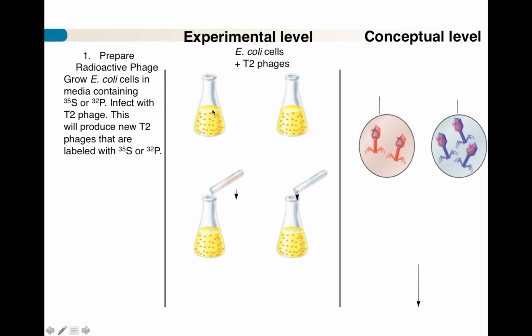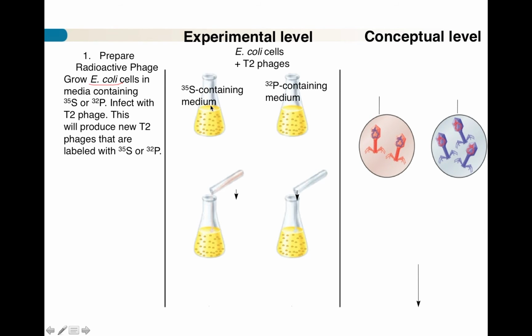The first thing they did was to prepare E. coli cells, that's the bacterial host, by growing them in either radioactive sulfur or radioactive P32. Okay, so here's your E. coli.